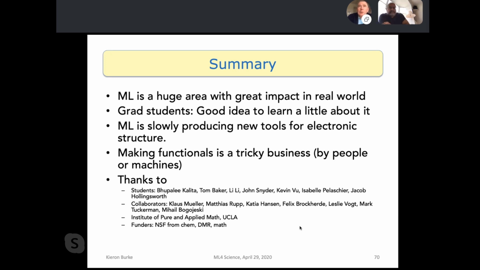People are trying different things in different ways, and we're just beginning to understand what works well and what doesn't. We don't really have general principles of use regression here and classification there, or even neural nets versus something like kernel ridge regression.